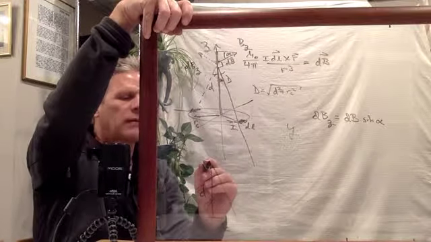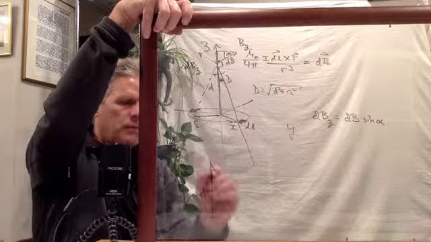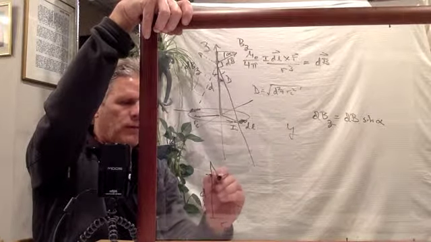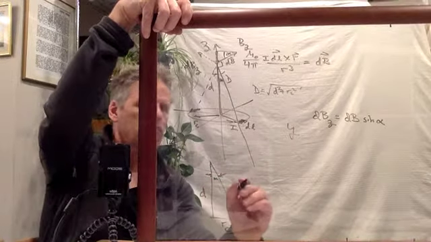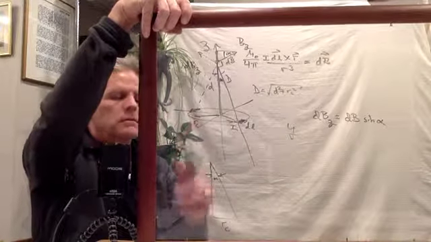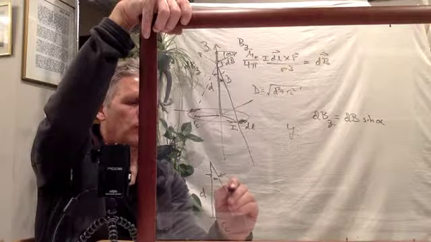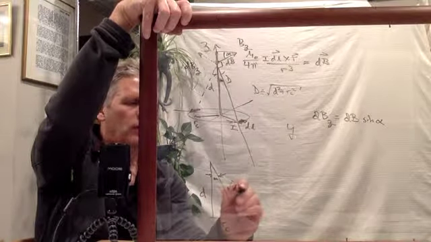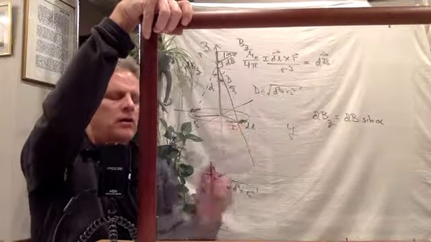I'll leave it at that for the moment. I'm just going to write in the square root of d squared plus r sub c squared, which we already figured out. That's this big D right here.